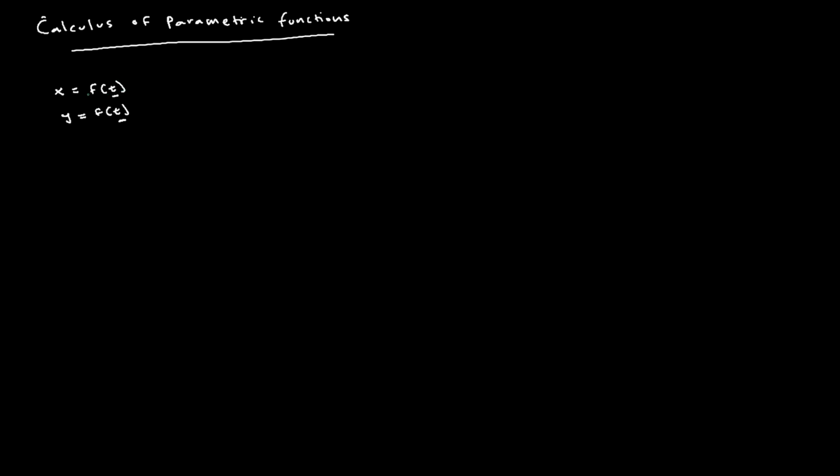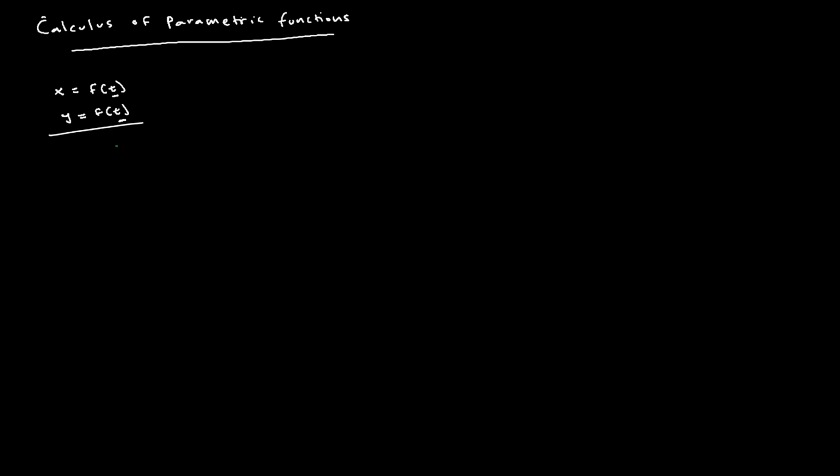And so all we're doing is we have some function that relates x and y, but instead of y being directly related to x, we have a function t that describes the behavior between x and y. So that's what a parametric function is.